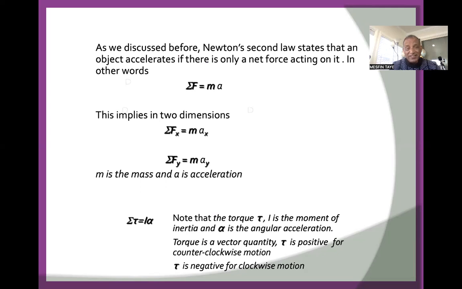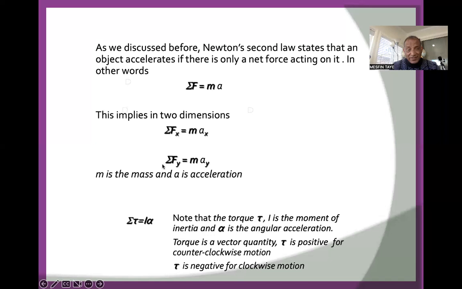So mathematically speaking, Newton's law says the sum of the forces is equal to mass times acceleration. But if you are living in 2 dimensions, you have to decompose this into 2. The sum of the forces in the x direction is mass times acceleration in the x direction. The sum of the forces in the y direction is mass times acceleration in the y direction. M is the mass, a is the acceleration.